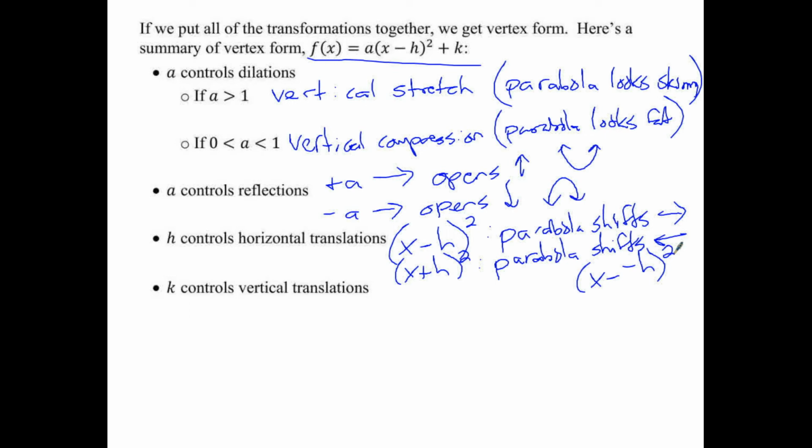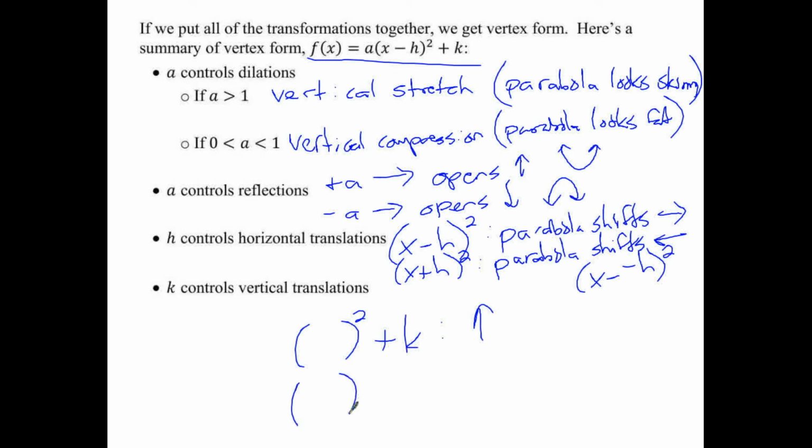Okay, k just controls vertical translations. So if I see stuff in the parentheses and then outside of that plus some number, what happens? I went up.